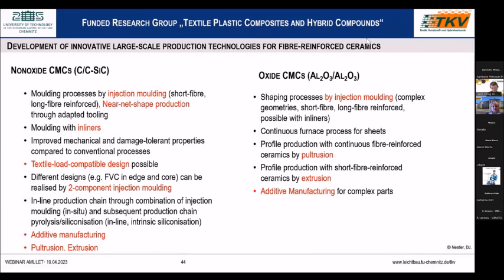And we can also use our tools for two-component injection molding. And the newest is that we use the additive manufacturing process, pultrusion and extrusion, and the same is also done with the oxide ceramics, because our goal is to decrease their costs.